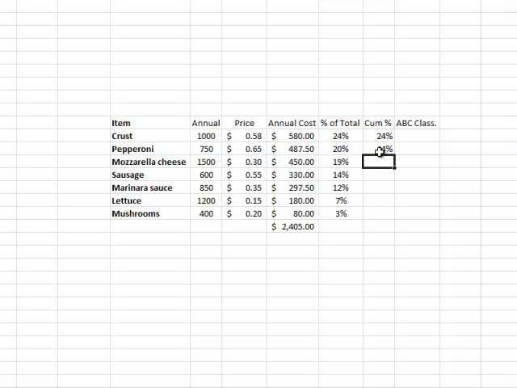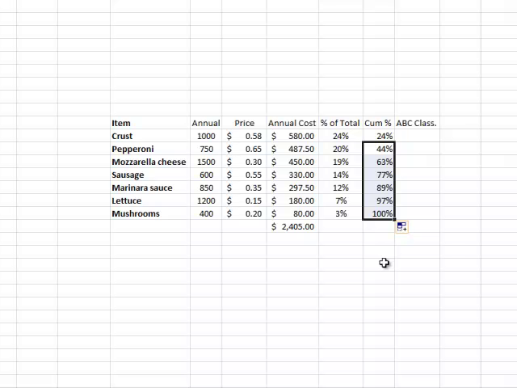So for the first 2 items, crust and pepperoni, they represent a total of 44% of my total inventory investment. Now I can copy that formula down. So now I know for each item what the total investment is for that item as well as all the items above it.